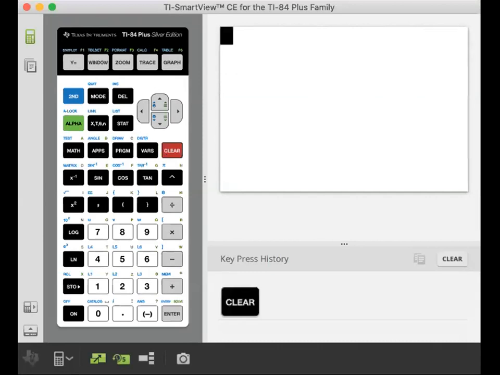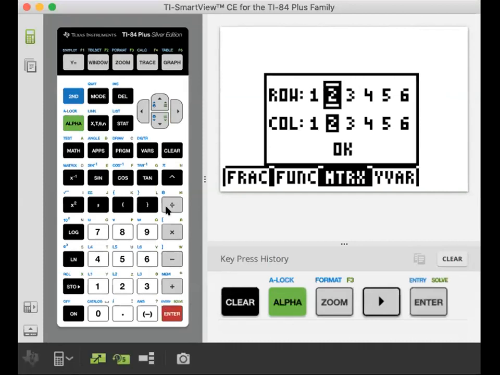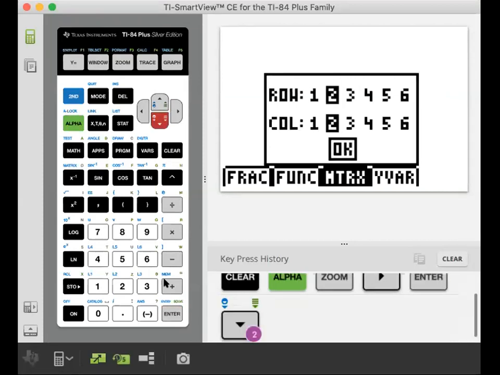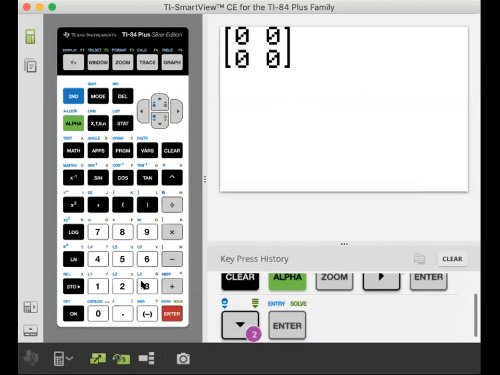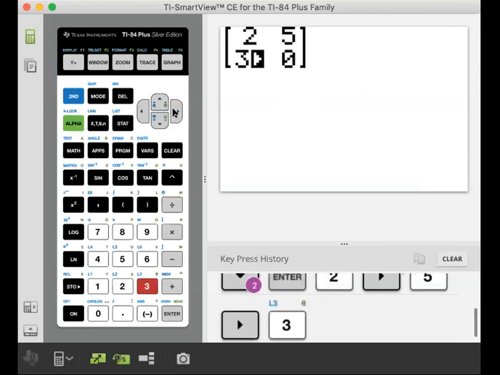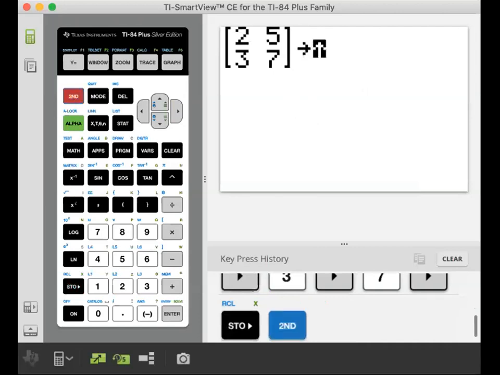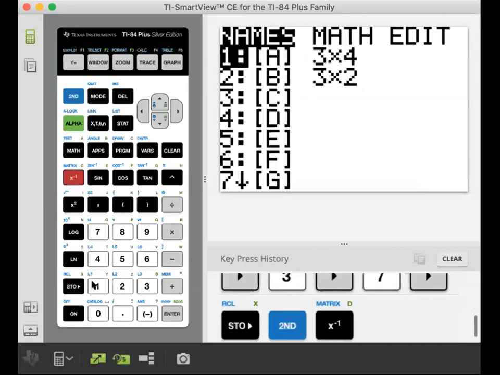And I'm going to put in these two matrices. I find the easiest way is alpha, and up here, alpha zoom. And I want to make a 2 by 2 matrix. I want the numbers to be, use arrows, 2, 5, 3, 7. And I'm going to store that into matrix A, second inverse key, number 1.